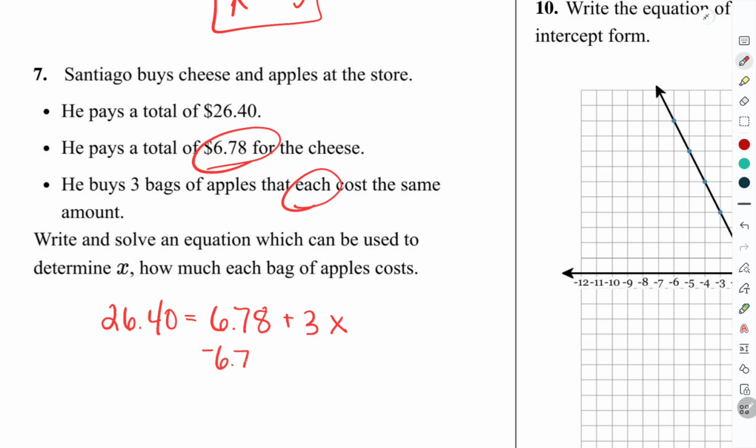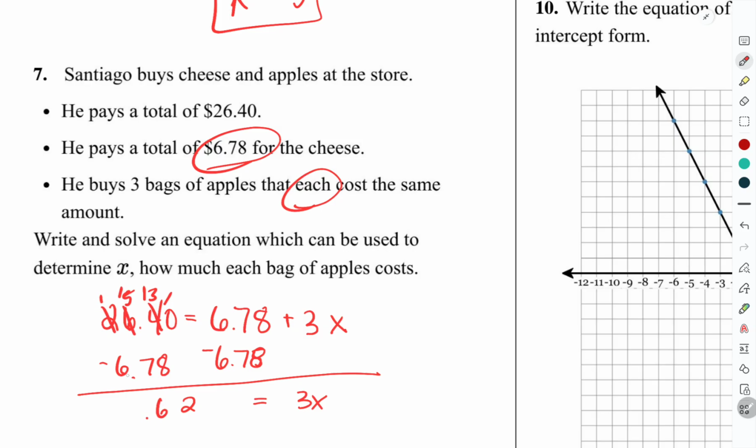So I'm going to subtract to both sides. And then I gotta do some math here. Holy crap, lots of borrowing.